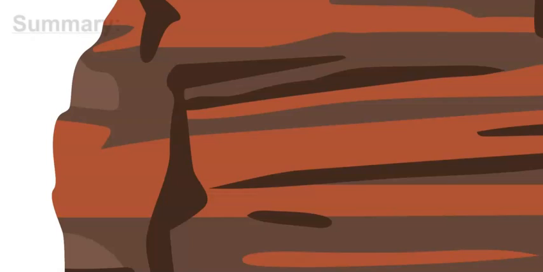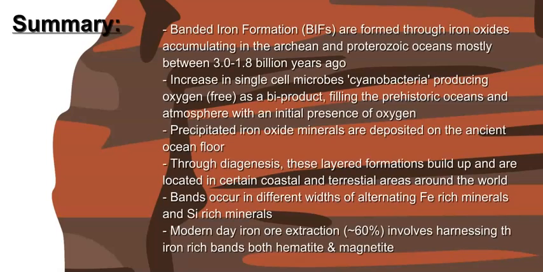So in conclusion, a BIF, or banded iron formation, is a bunch of layered, deposited sedimentary rocks that are highly concentrated in iron, and they're found around the planet.